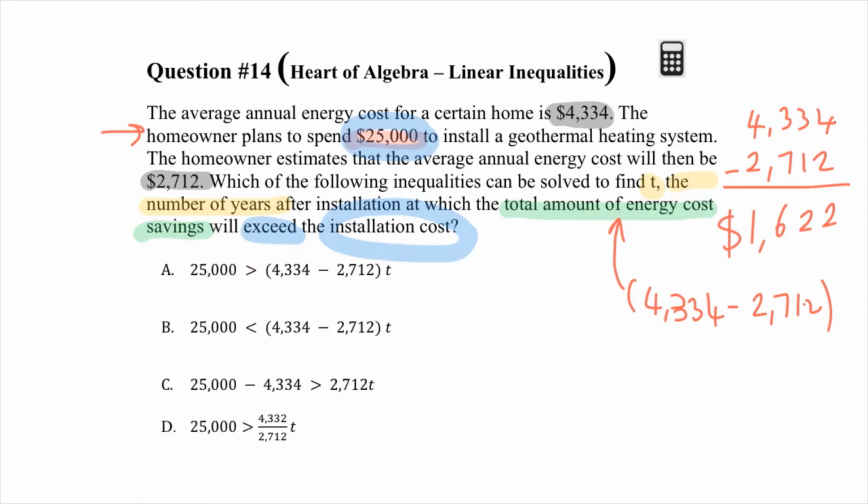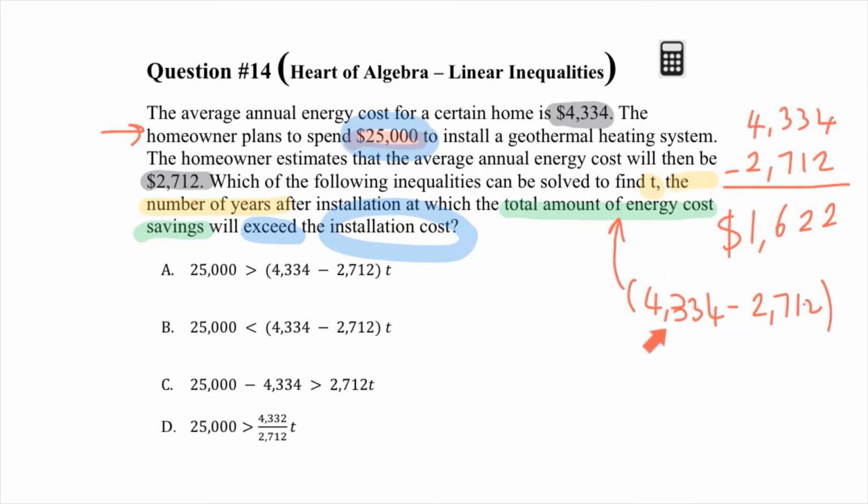Okay, so first of all, how do we find the total amount of savings? We are supposed to take t into the calculation. T was the number of years, because each year there is an annual energy cost of that amount, but after installation it is going to be this one, so you are supposed to get the difference.